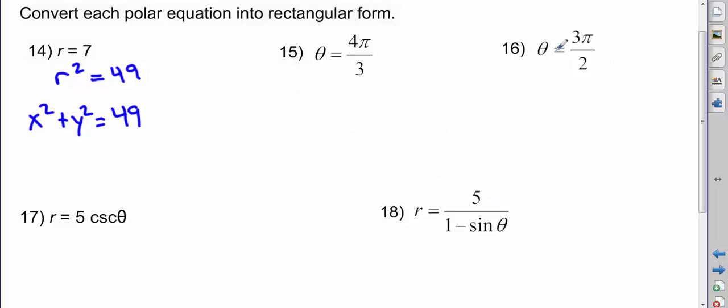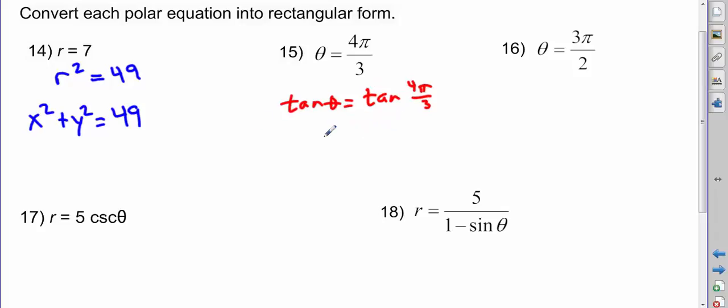Now, the next two might look pretty similar. They kind of are. But I wanted to show you because you run into different things. Sometimes you just have theta equals, and here's what we typically would do. It would say tangent of theta equals tangent of 4 pi over 3. I'm choosing the tangent function on purpose, and it has to do with the fact that we know tangent of theta is equal to y over x.